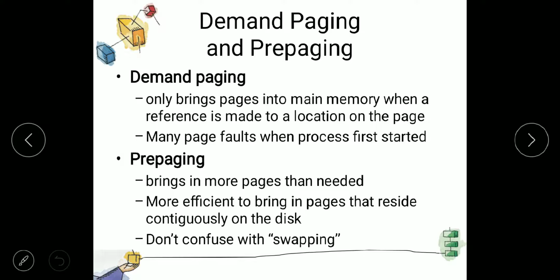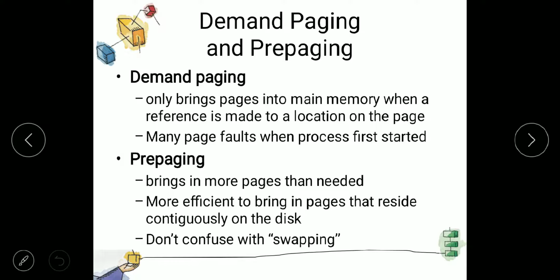Initially there were no pages, so obviously you can expect many page faults. But soon after, the operating system will handle it very nicely, so that all the demanded pages will be in the main memory, and it will settle down.